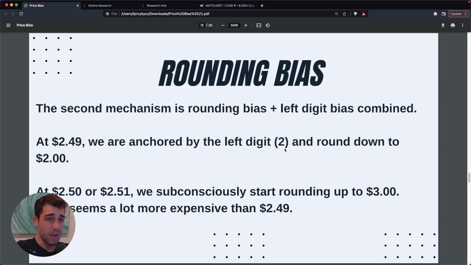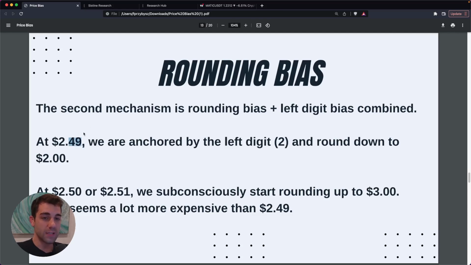The next mechanism at play here is rounding bias. So we had left digit bias, and now we have rounding bias, right? At $2.49, we are anchored by the left digit and we round down to $2. So it's kind of a combination of the two things, right? When we were at $2.99, we kind of thought more towards $2.